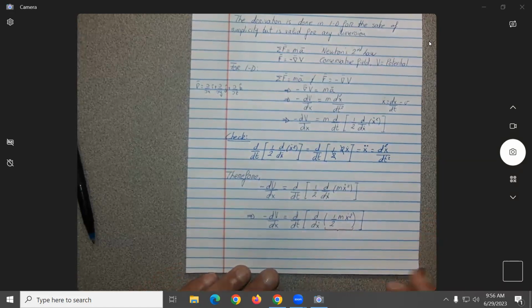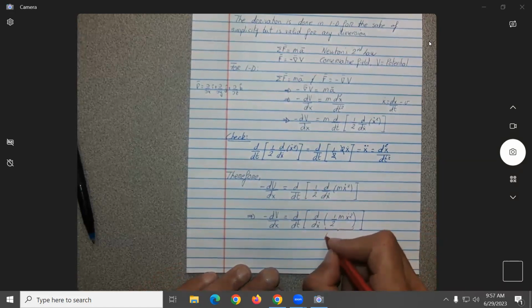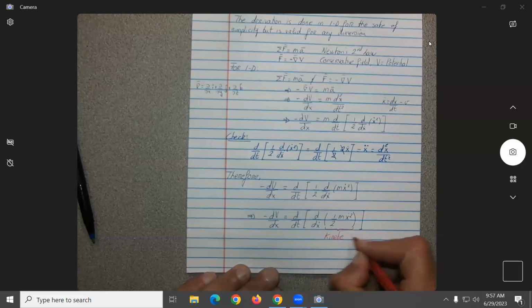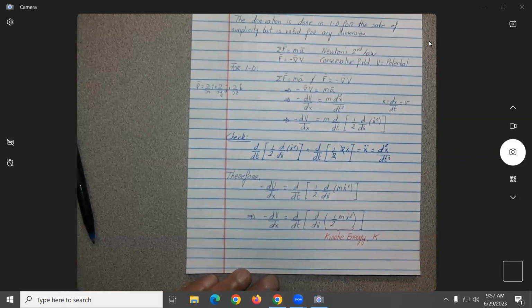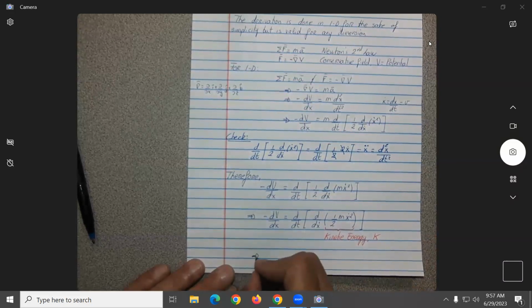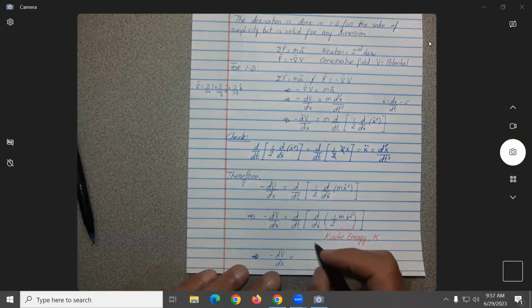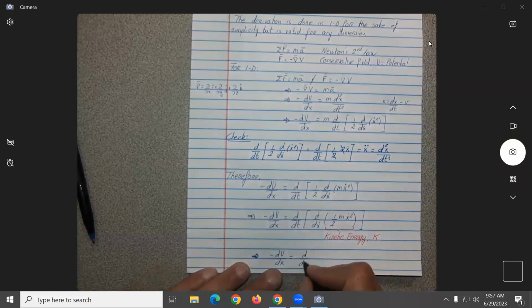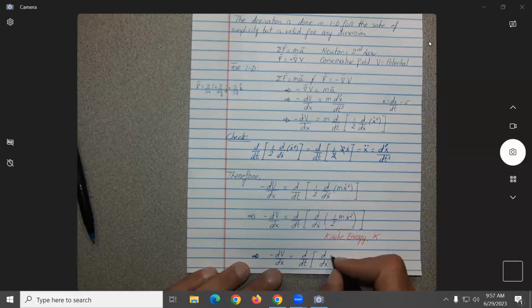What is the physical meaning of that term? Kinetic energy. So let's call it K. So basically at the end, I can just rewrite that minus dV dx, so V will be the potential, equal to d dt d dx dot of K.